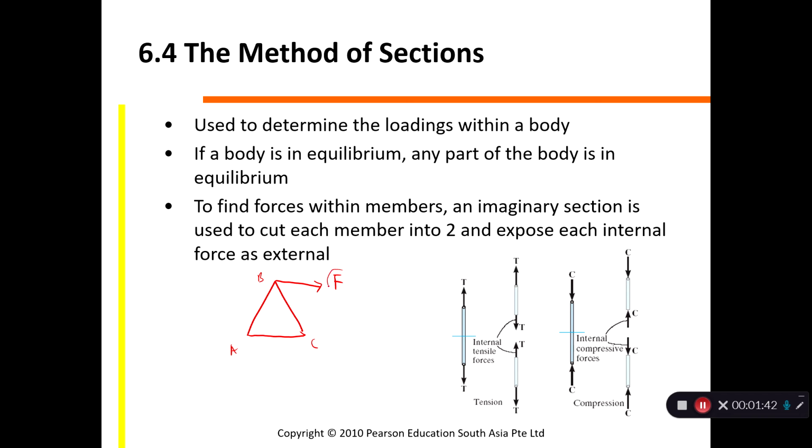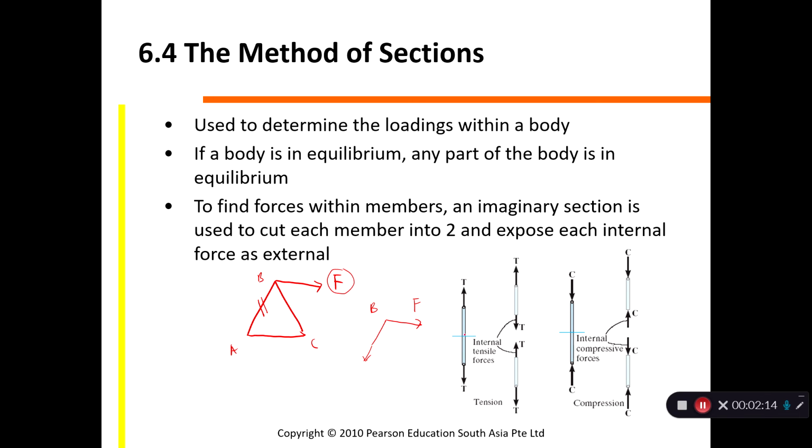This is an external force, and the internal forces are not seen, but using this method you can cut. You can cut here, for example. If you take this portion, then you will see that it will have force F, this is B, and then you can treat this as an external force because you have already cut the members.